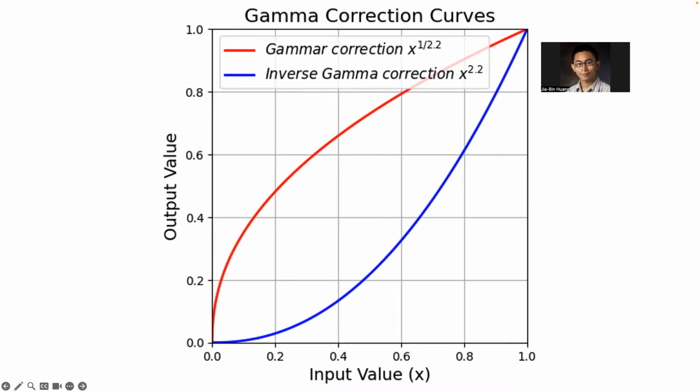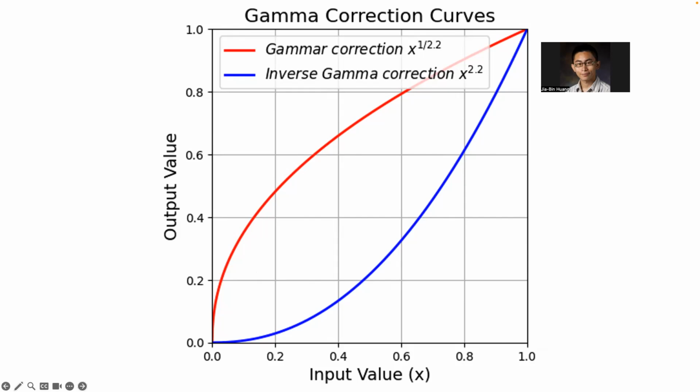Okay, and what you want is to have this red curve. Basically, because we humans are quite sensitive to light that's dimmer, we want to represent that dimmer region more. So what does this function do? If the input value is small, it stretches the dynamic range of that input range, right?